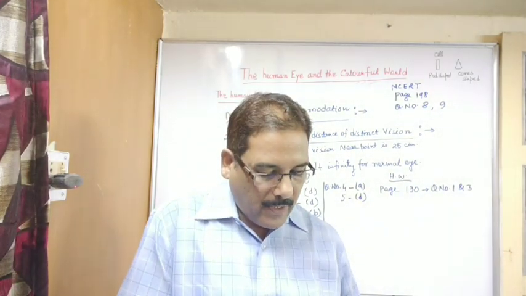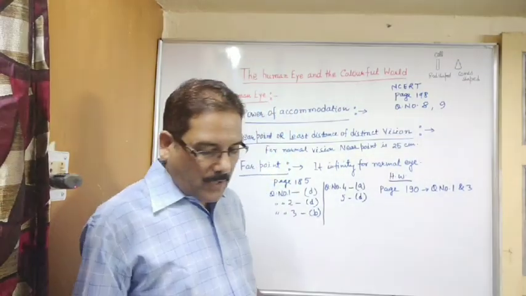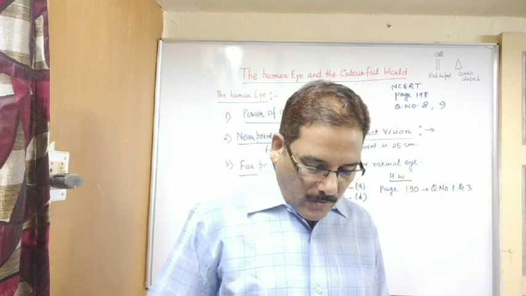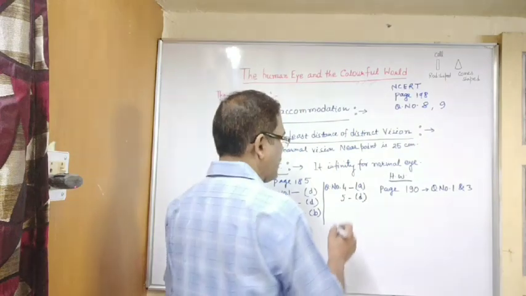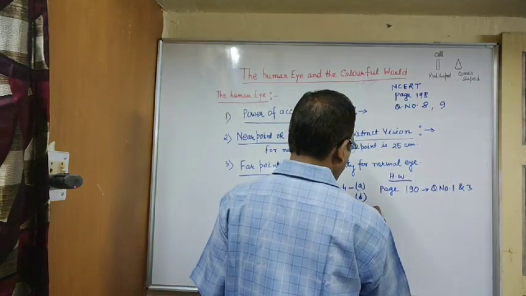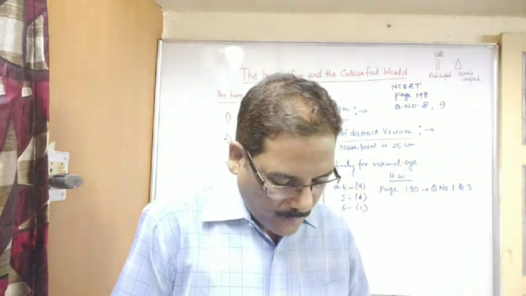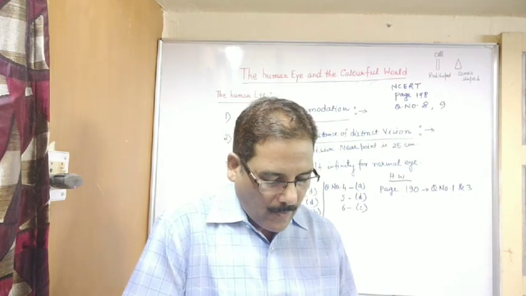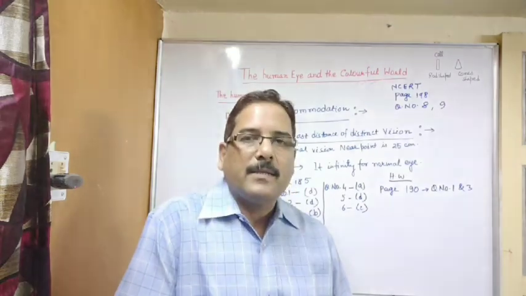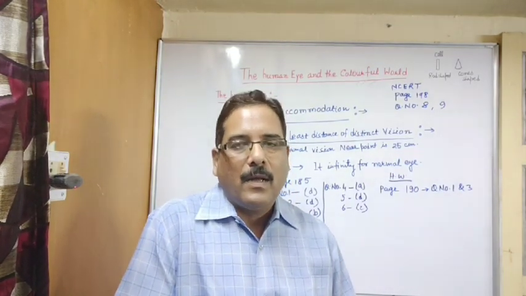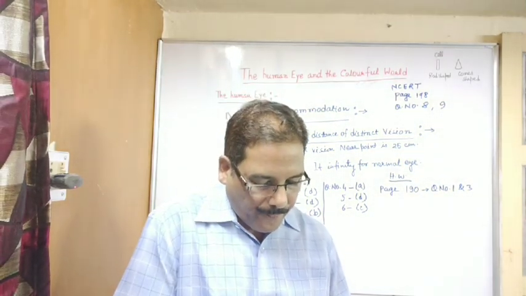So the convex thin lens of 5 centimeter focal length will be used for reading the small letters. So C option is correct. Because out of these two lenses, which has more power, 5 centimeter focal length or 50 centimeter focal length? Obviously 5 centimeter.